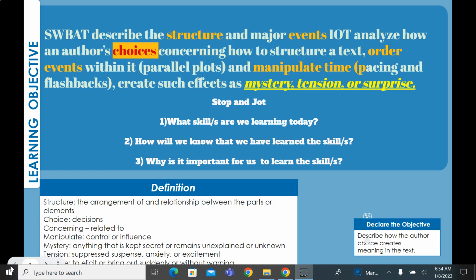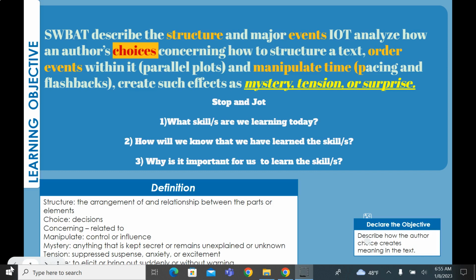Alrighty, now that you've returned, here we go. Let's check out our PBO. Students will be able to describe the structure and major events in order to analyze how the author's choices concerning how to structure a text or the events within it. It is referring to the text. We're talking about parallel plots.